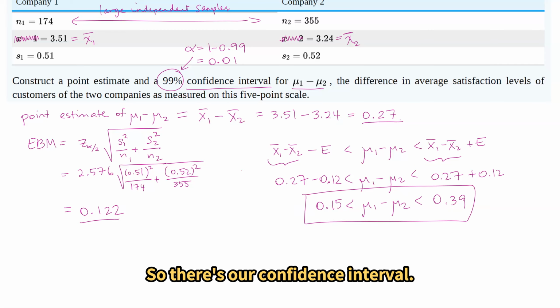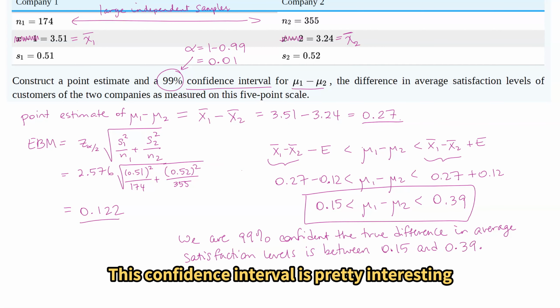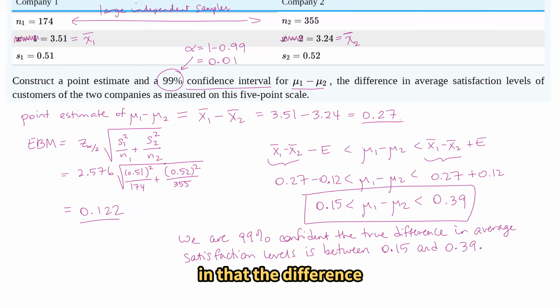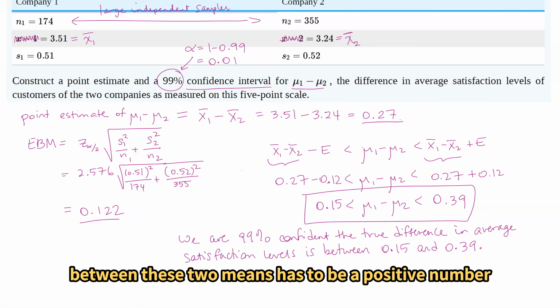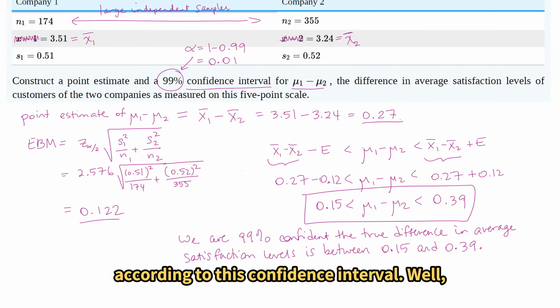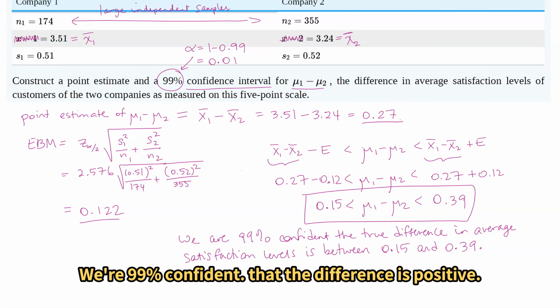So there's our confidence interval. This confidence interval is pretty interesting in that the difference between these two means has to be a positive number according to this confidence interval. Well, we're 99% confident that the difference is positive.